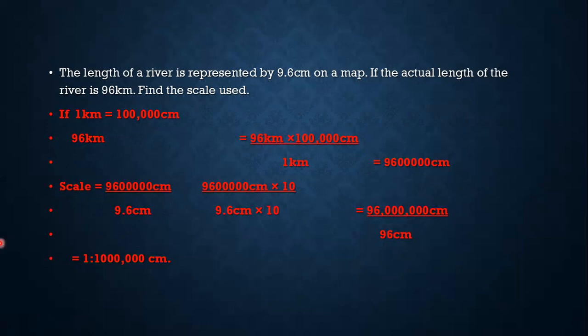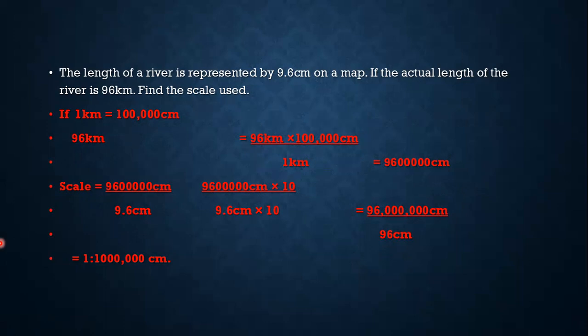Then the scale used in that map is 1:1 million. So in other words, what we were saying is that the first part that we are doing here, remember this is just class 7 work, just maybe to remind some of you candidates and also class 7 as you're being introduced to this topic.